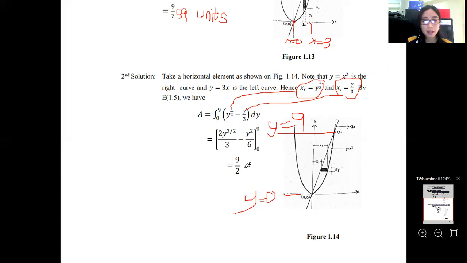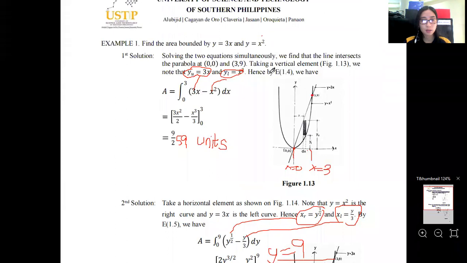So the answer is 9 halves square units. It is similar, or equal, to the first answer. So whichever is easier from your point of view, that is what you use. Either you use a vertical strip or a horizontal strip.